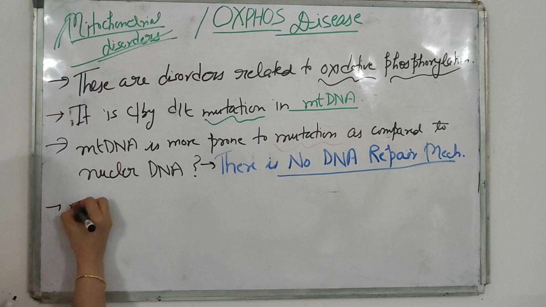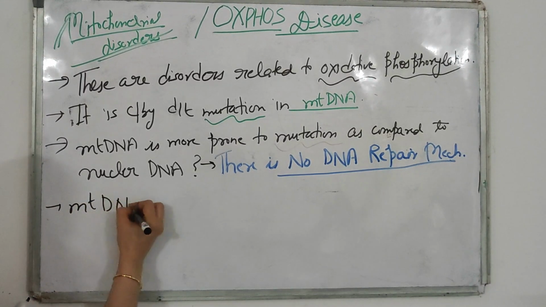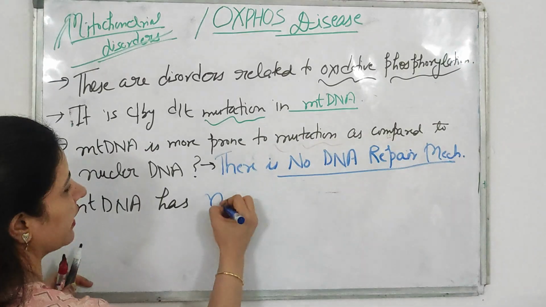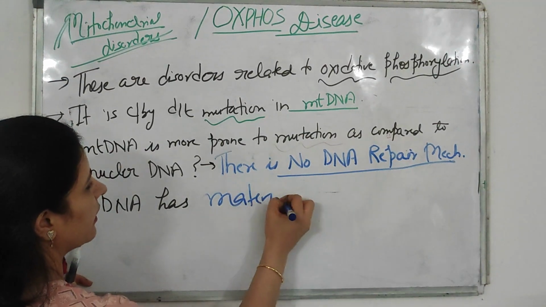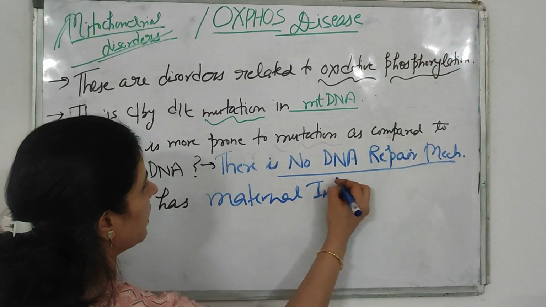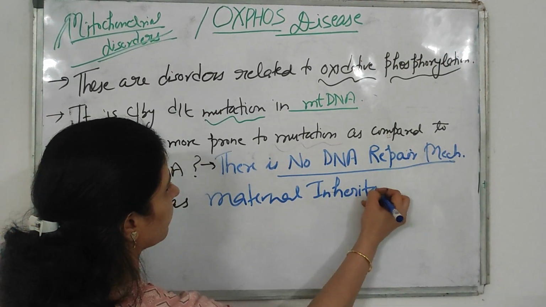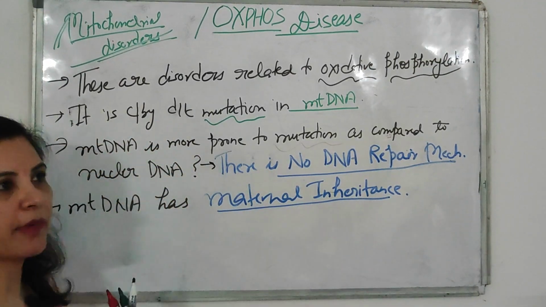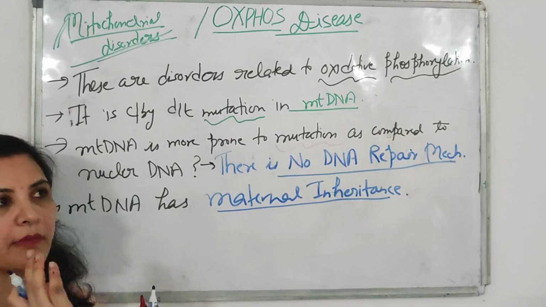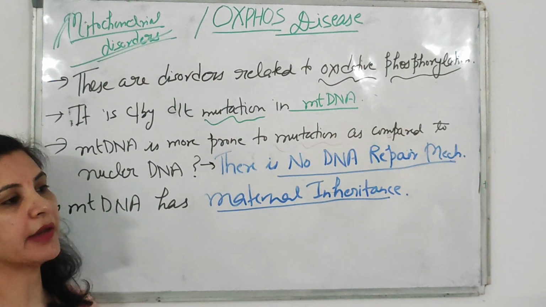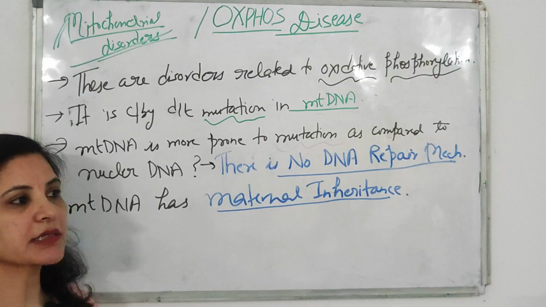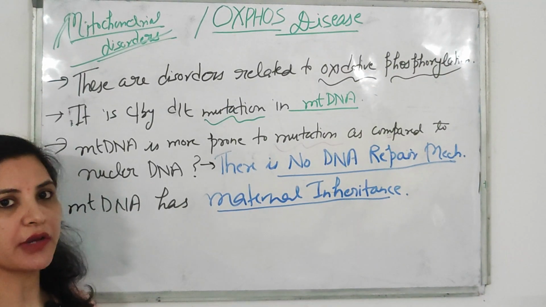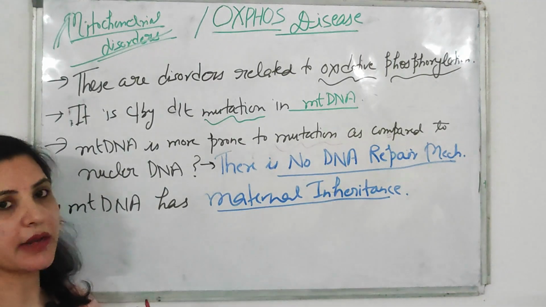Next point: what kind of inheritance does mitochondrial DNA have? Mitochondrial DNA has maternal inheritance. M for mitochondria, M for maternal. So always remember mitochondria follow maternal inheritance. That's why if any male suffers from this OXPHOS disease, he cannot transmit it to the next generation, because these are only maternally inherited.